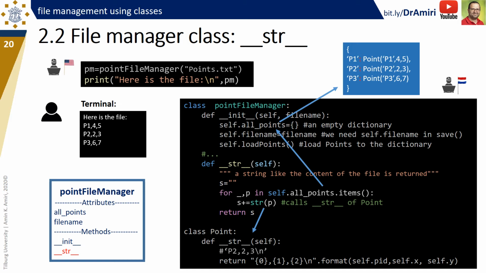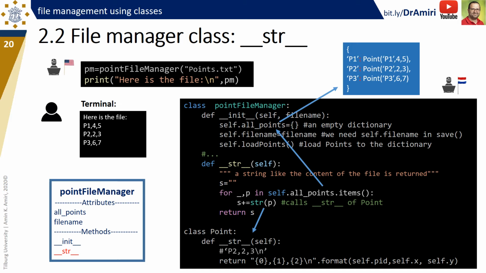That means that in this dictionary you should look for each point and return the corresponding string for that point. You see that this is all_points. The first point is p1, the key is p1, and the value is point p1, 4, and 5, an instance of a class. So here you don't require the key, you only require the point itself.